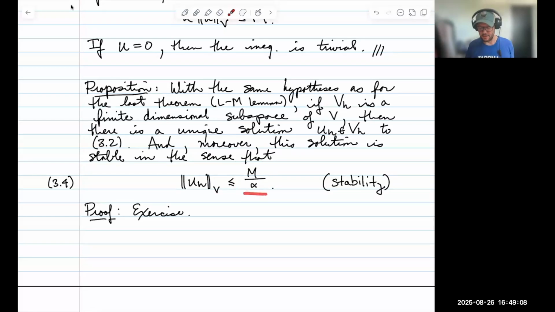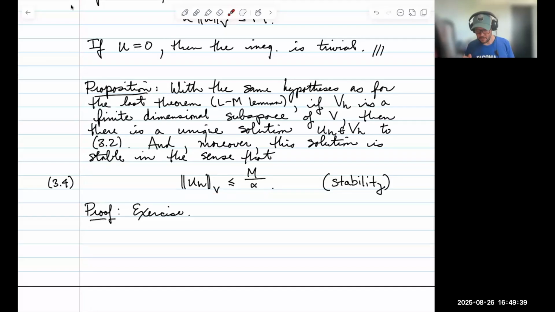This never gets bigger because this M is only the M which is defined by the F, and this alpha is the coercivity constant only defined by the bilinear form A. These two objects never get bigger. They're independent of the dimension that I choose. But this guy gets pinned above by that. It says that in some sense this is stable because it never gets bigger than that.